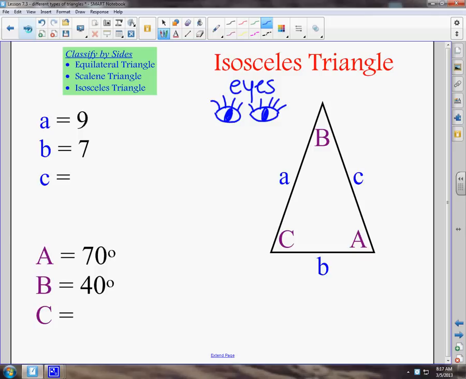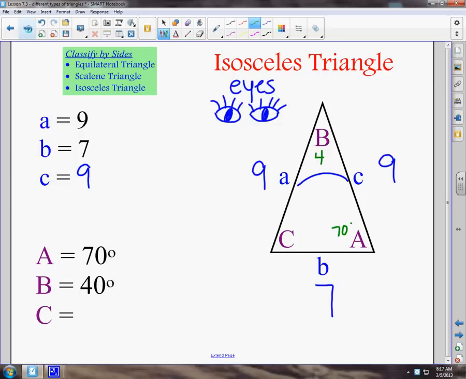You have two eyes. So if A is 9 and B is 7, what would C be? Well, if I look at it, I know that it has to be the same as one of the other sides. So I know it has to be the same as A, which would be 9. So I know C would be 9. And then if I look here, angle A is 70 degrees.